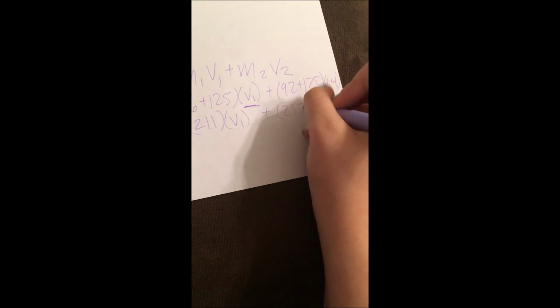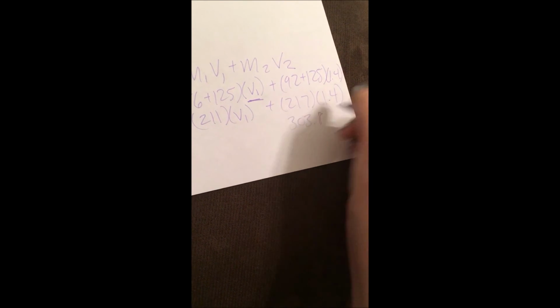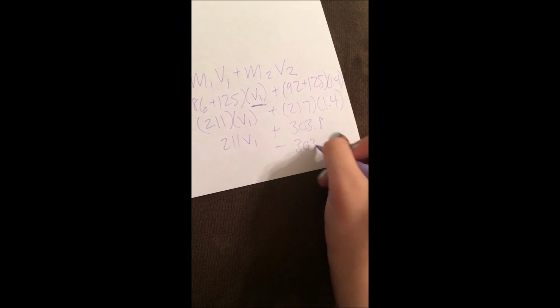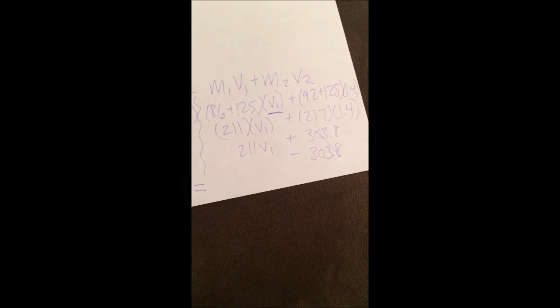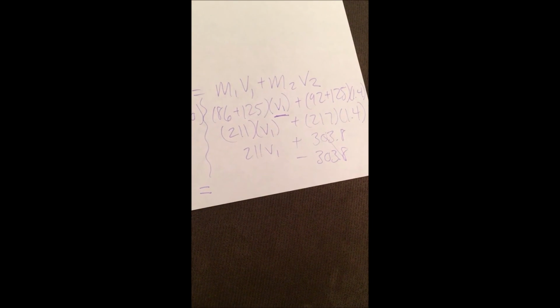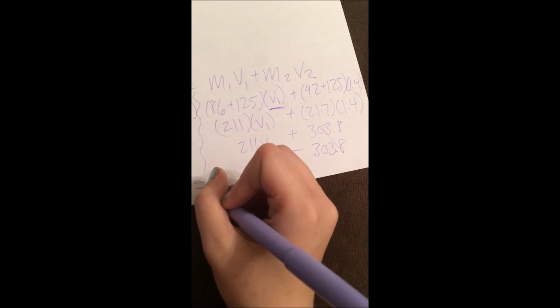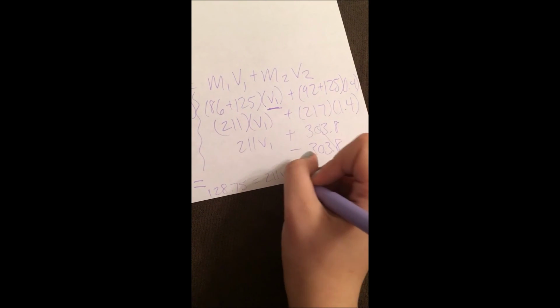Now 92 plus 125, we also know, is 217. Now we need to multiply that times 1.4, which equals 303.8. Now we subtract this from the other side and get 223.7 equals 211 V1.